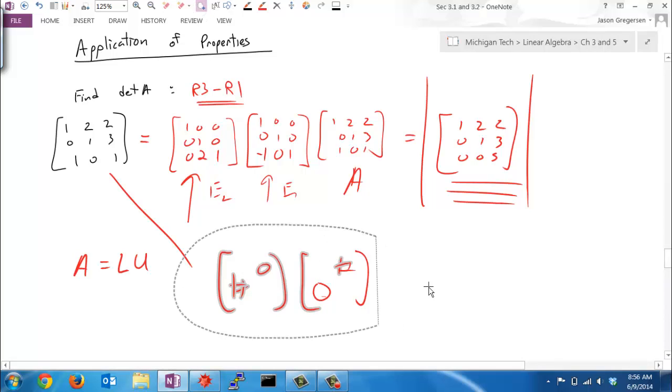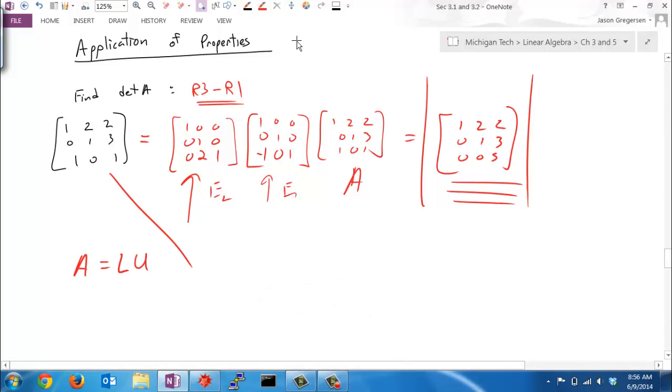We basically just do exactly what we did. When I row reduced, I gathered up these E's, and if I take this product, all I'm going to get is a lower triangular matrix. And so then if I just take the inverse, which I know I can do because these are elementary, I'll have lower times upper, that should equal A. So that's the process of the decomposition.